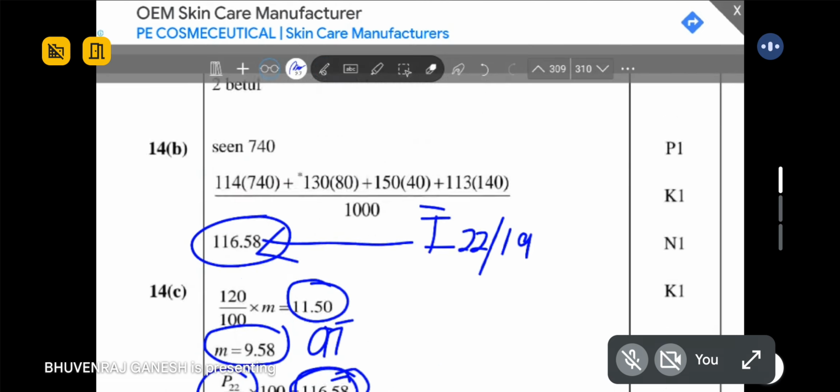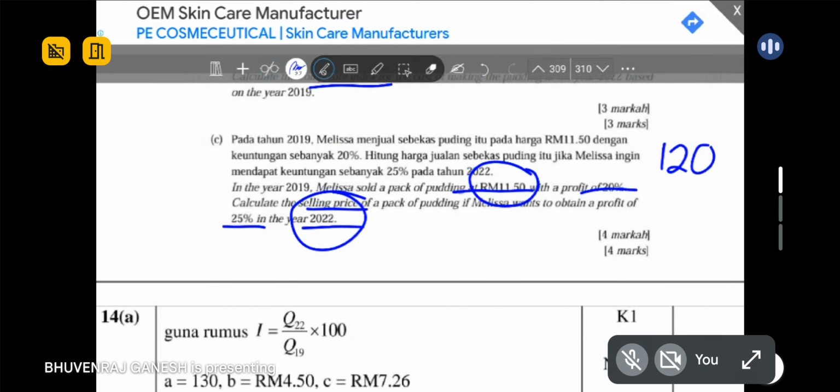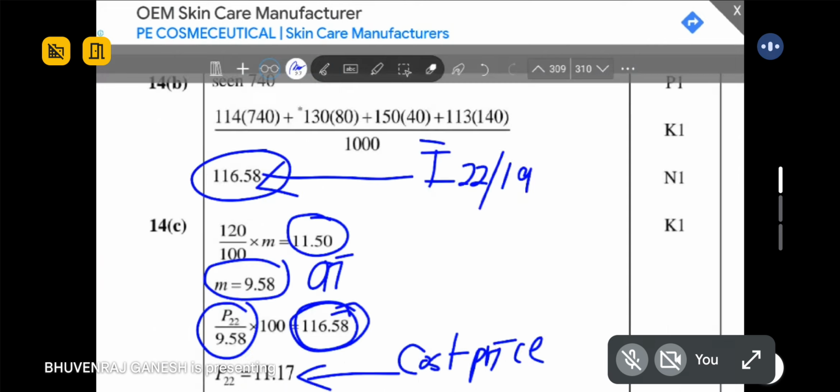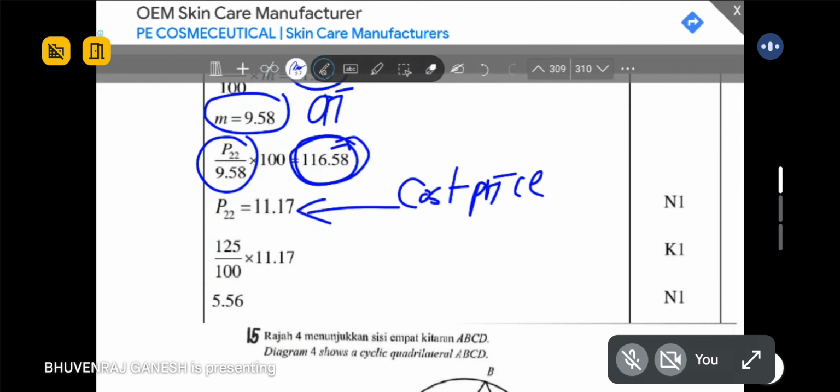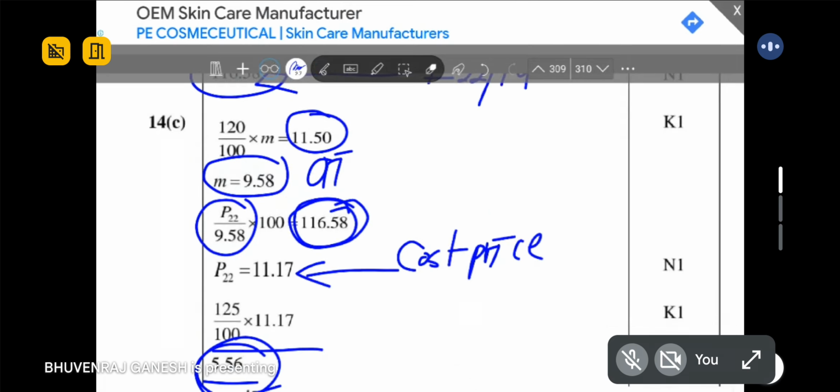So this is before profit. Sebelum keuntungan. So now you guys see, now you get 25% profit. So you just take 125% times that answer, you will get the final price. Okay, harga akhir, which is 556. Okay, are you clear how to get the answer? Jelas? Can you see the concept, guys? Can see the flow?